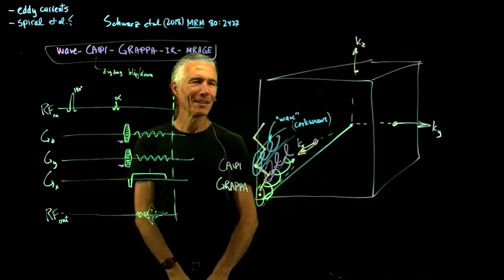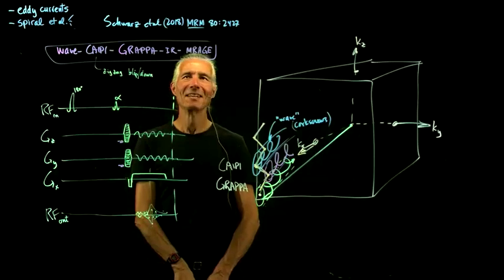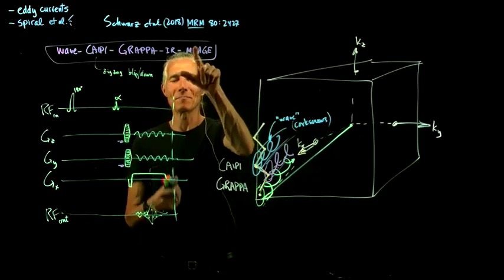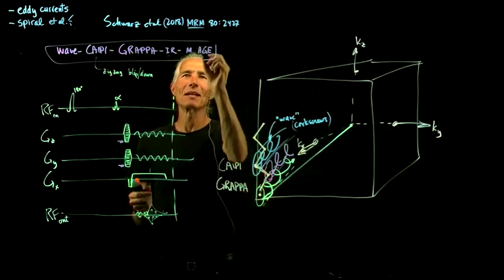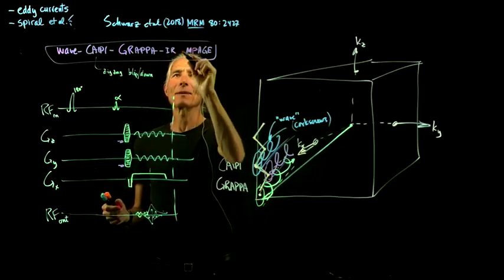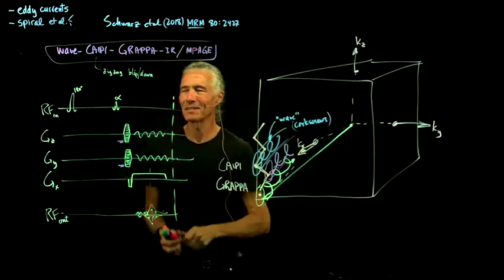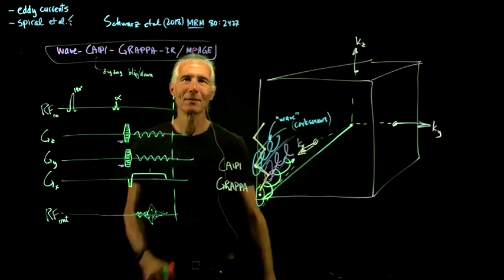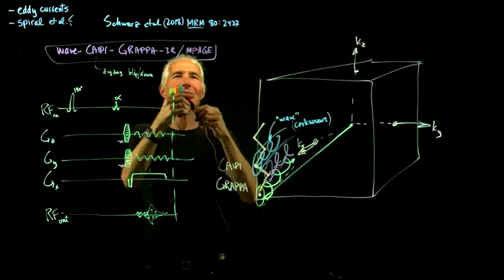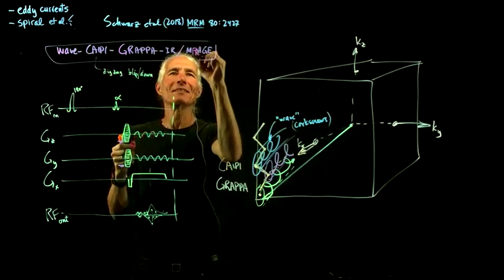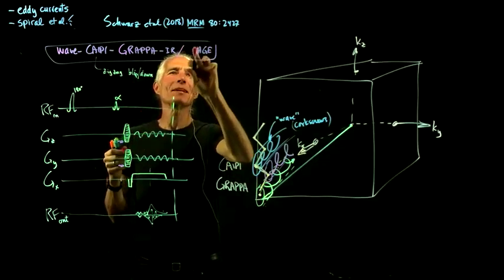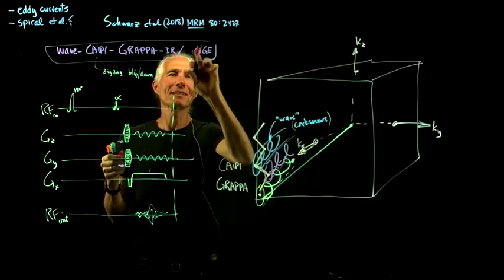So, all good. What's that? Oh, yeah, right, sorry, MP-RAGE. There we go. MP-RAGE incorporates the idea of inversion recovery. I think MP-RAGE means magnetization-prepared rapid gradient echo.